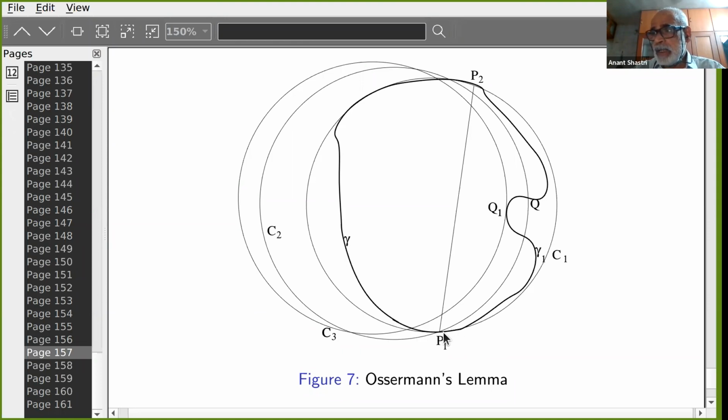So P1 and P2, I have picked up 2 points which are on the intersection of these two circles.